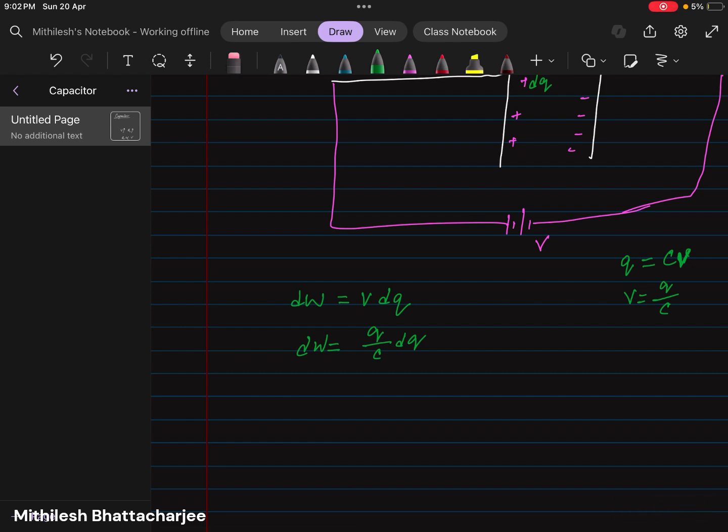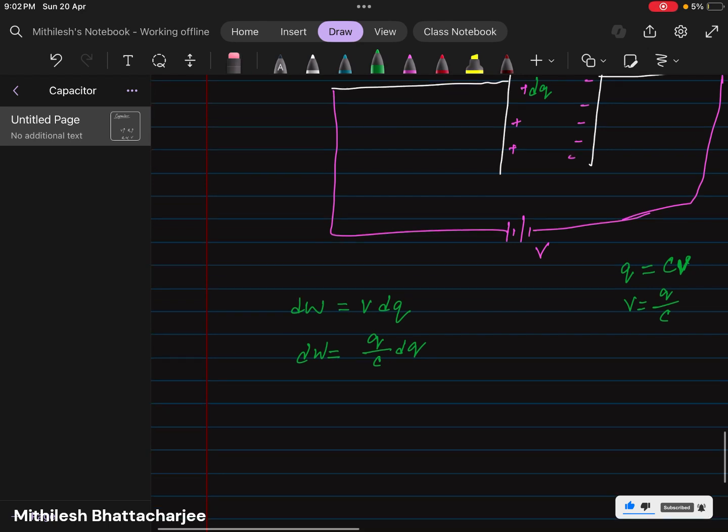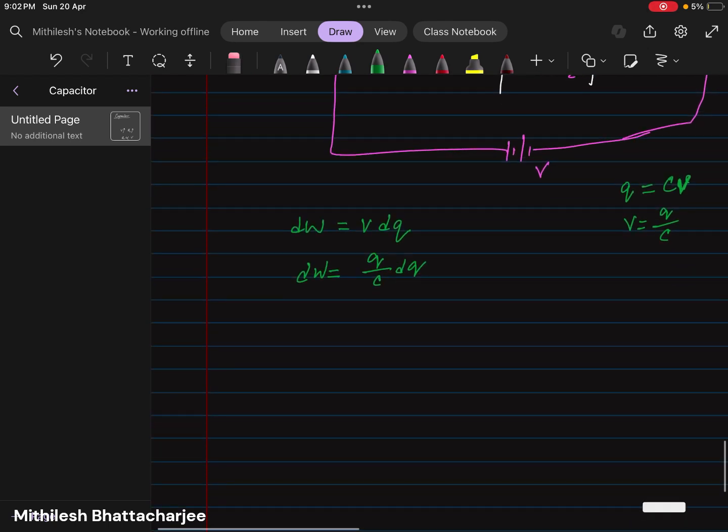So we have to do the work dW to move the dq from the positive plate to the negative plate.